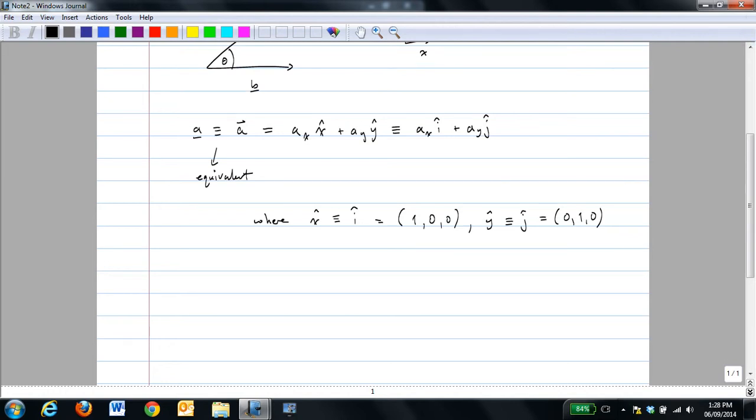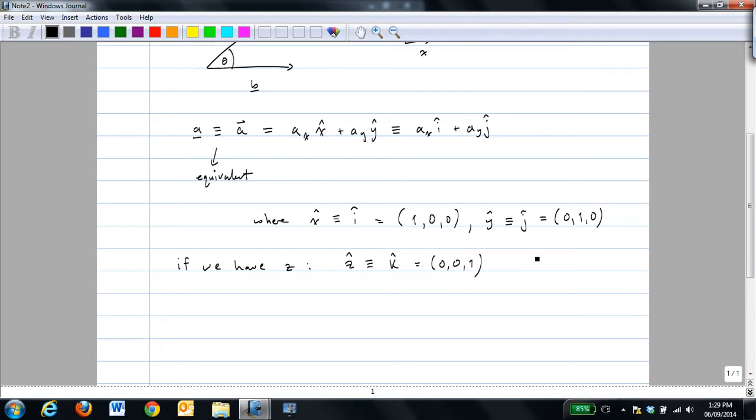Now if we're working in 3 dimensions, then we'd have the z coordinate. We would have the z hat equivalent to k hat. A lot of the time you'll see k hat for the z direction, and this is equal to 0, 0, 1.